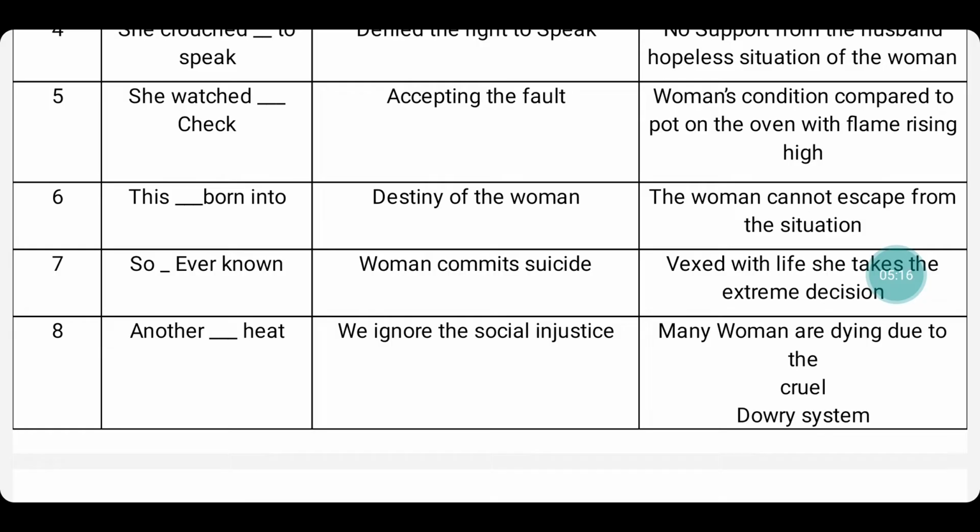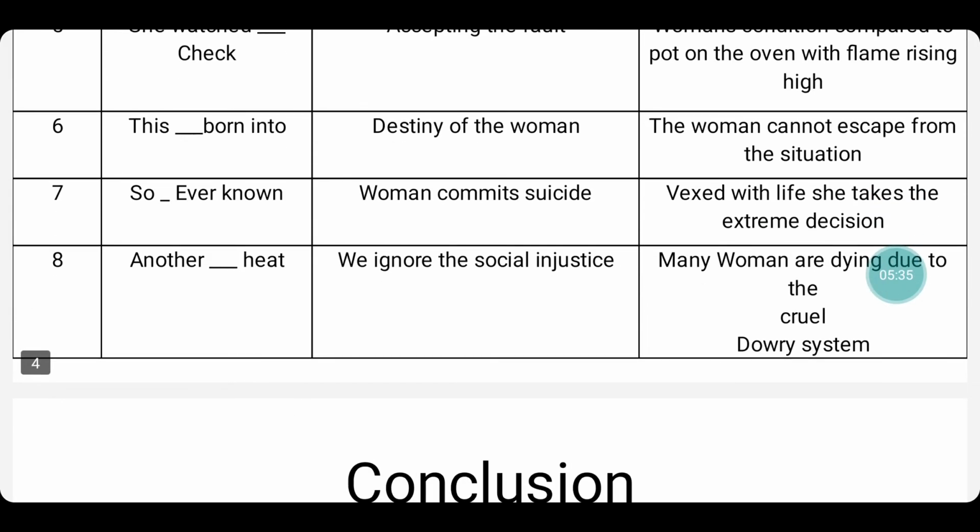This we call imagery, and for the snake hissing and the blackened cheeks, the figure of speech used is personification. Here now the meaning of the stanza is, the woman's condition is compared to the pot on the oven with flame rising high. She is accepting the fate.